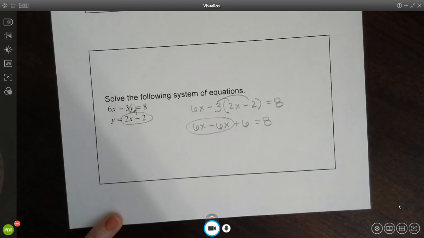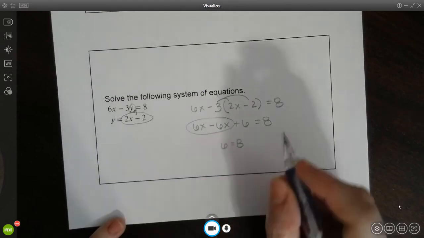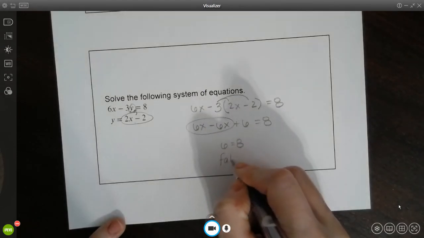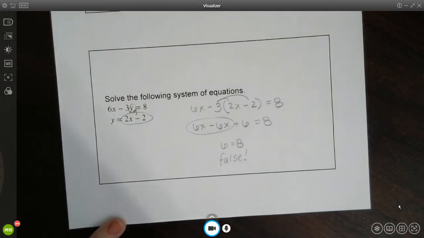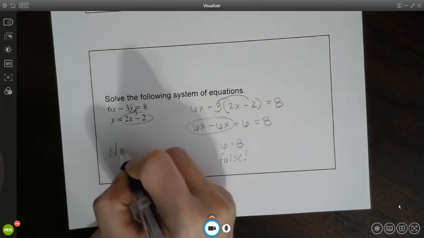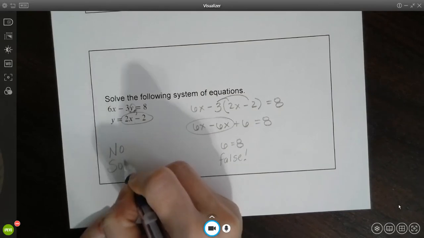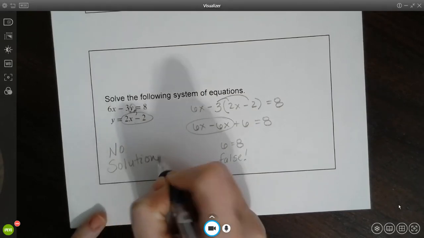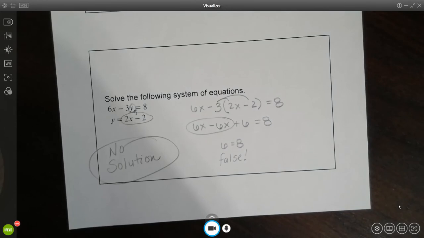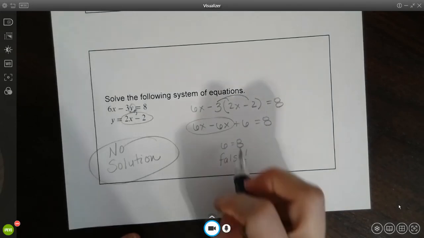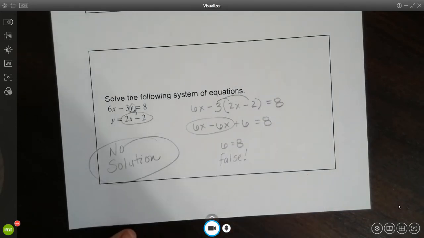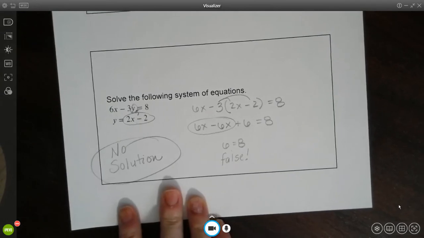And last time I checked, that is false. Since this is false, and that's a not true statement, that tells me this is a no solution scenario. So our answer will be no solution, because this is not true. There is no point that will satisfy both of these equations. They will never intersect.